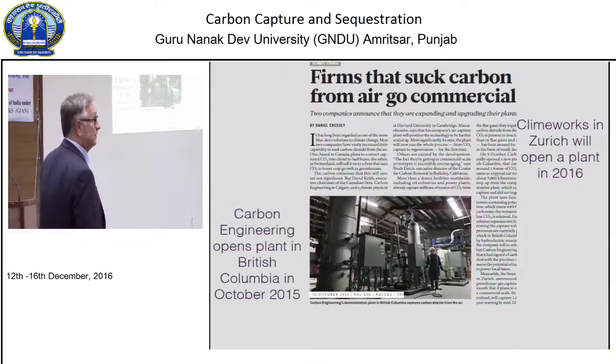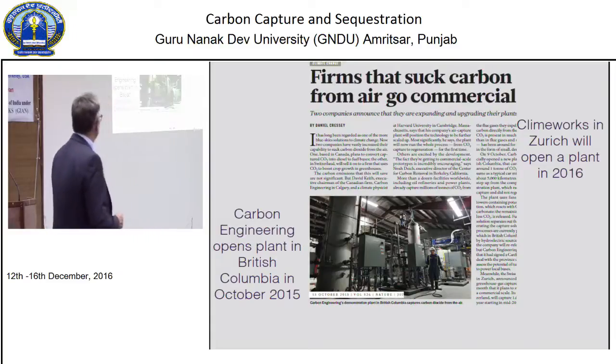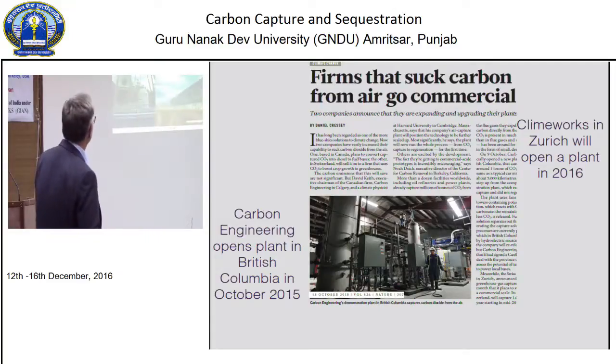And so, as a result, there are companies. Our students from Berkeley are getting hired by these companies. Many of them are startup companies, and Climeworks is one of them, in which they're building a plant in British Columbia. Here's another one called Carbon Engineering. This is their pilot scale, and this is their envisioned full-scale direct air capture devices.